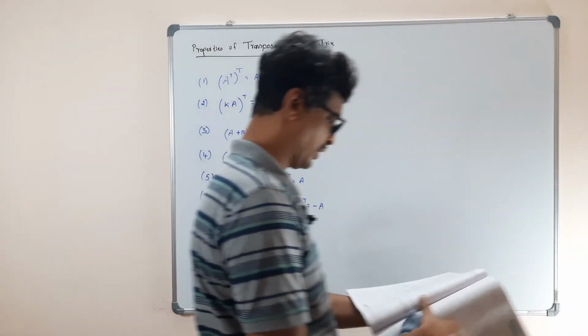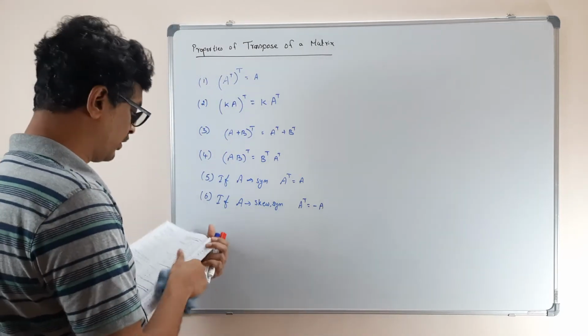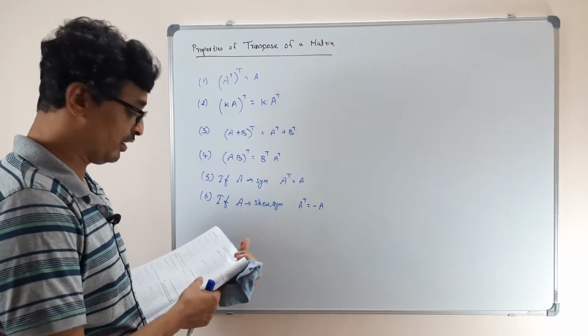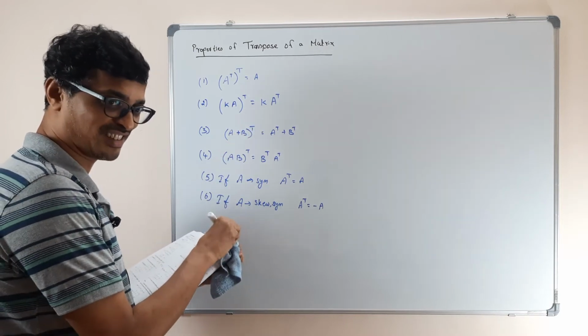That is something very interesting actually. If A is a square matrix, it's an interesting property because any square matrix can be written as a combination of symmetric and skew symmetric matrix.